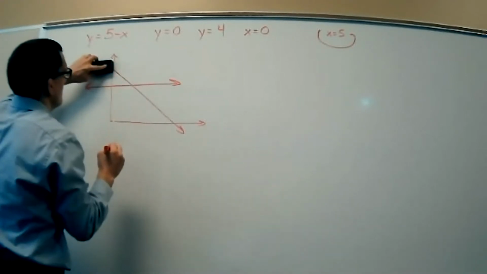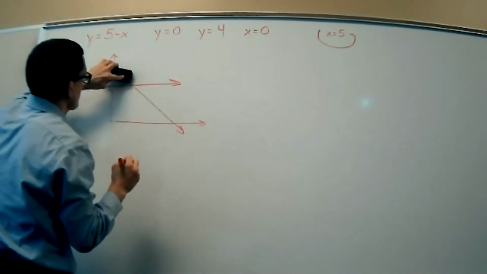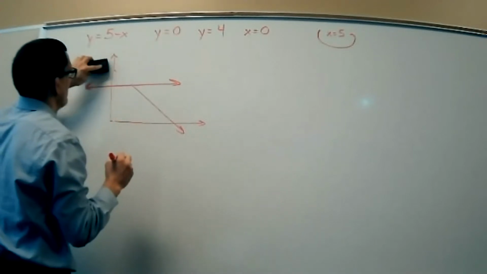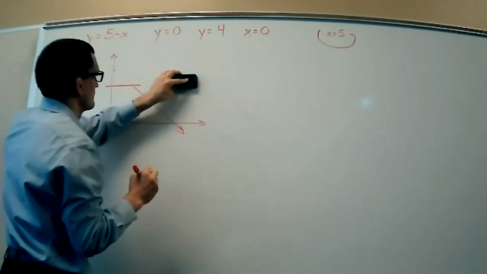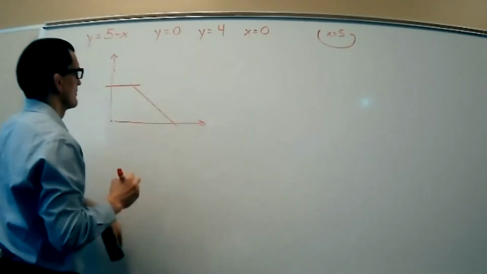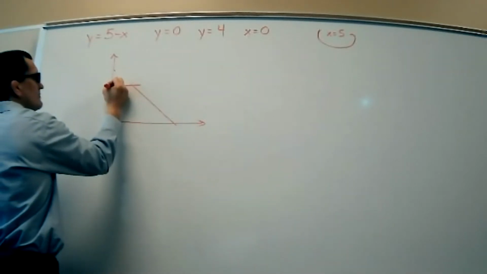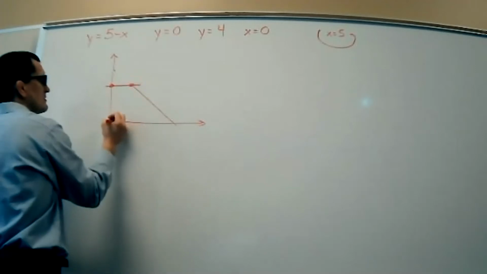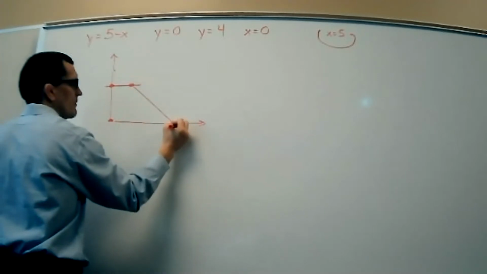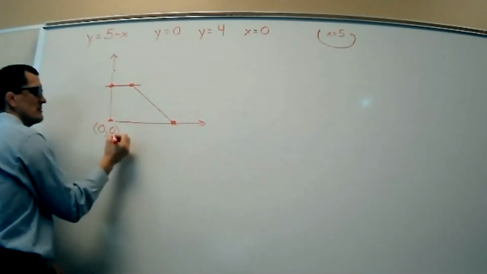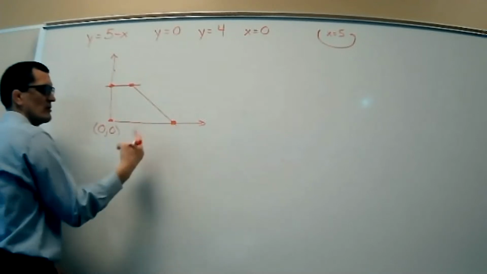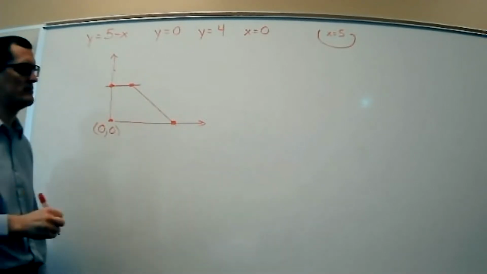So I'm going to erase a little bit of this stuff and draw some points. All right. The origin, that's one of our points of our quadrilateral bounds.